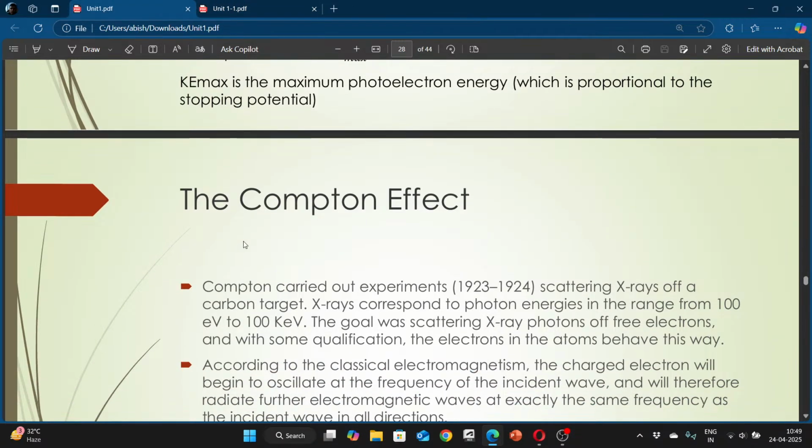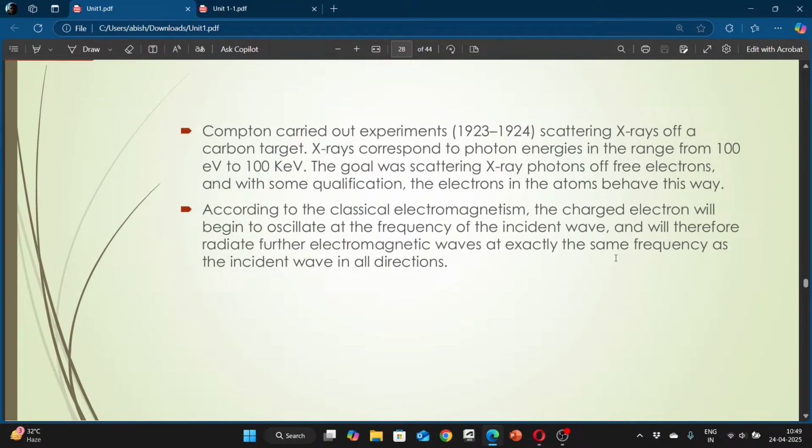The Compton effect is from a set of experiments carried out from 1923 to 1924, scattering X-rays off a carbon target. X-rays correspond to photon energy because X-ray is a form of electromagnetic radiation, and photons are in every part of electromagnetic radiation, including the visible light spectrum.